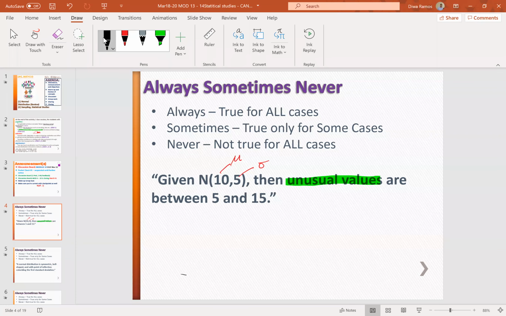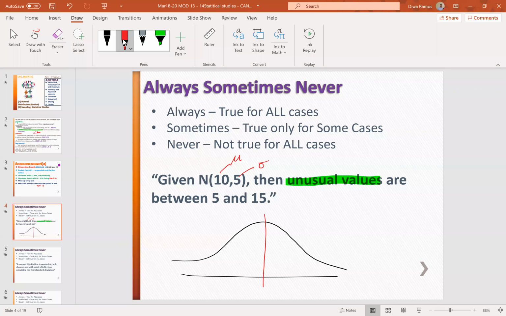Feel free to join me in my conversation here. We know that the center will be mu equals 10, and we're spreading from the center 5 units.